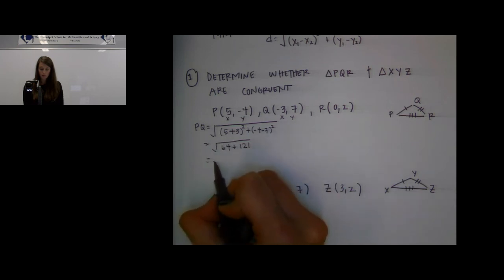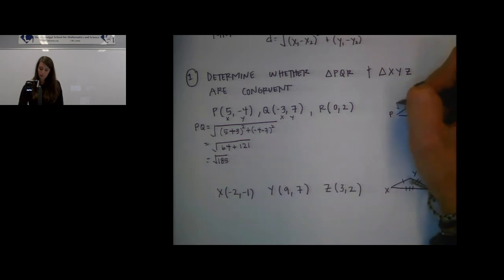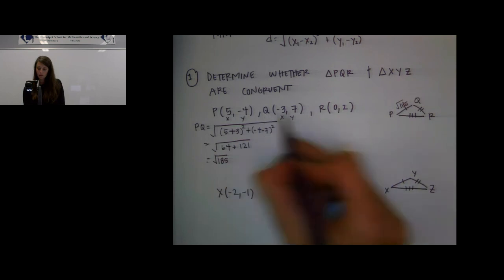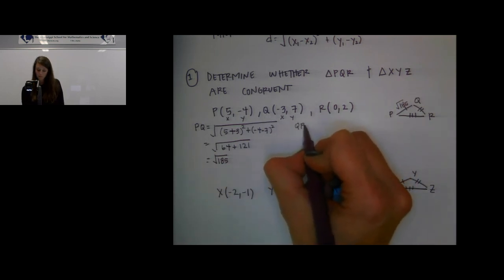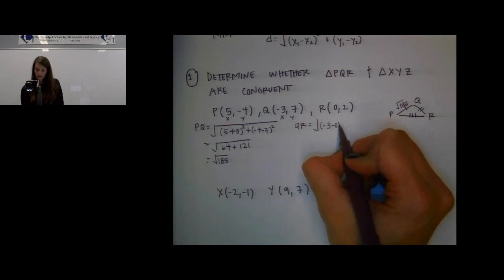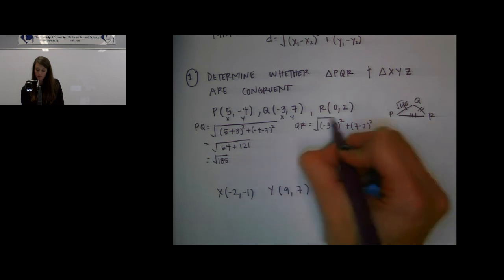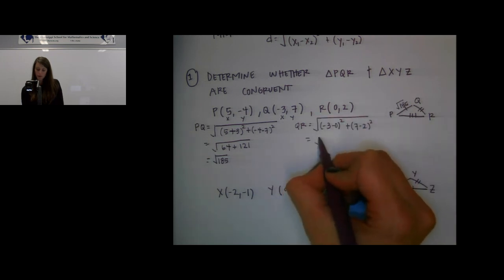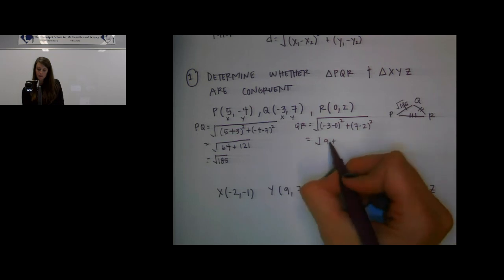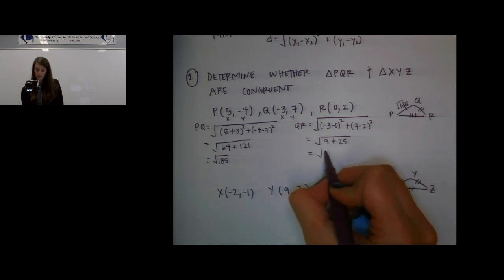So this will be the square root of 185. Now I want to do QR. We'll have -3 minus 0 squared plus 7 minus 2 squared. That's negative 3 squared, which is 9, and 7 minus 2 is 5, squared is 25. So that's the square root of 34.